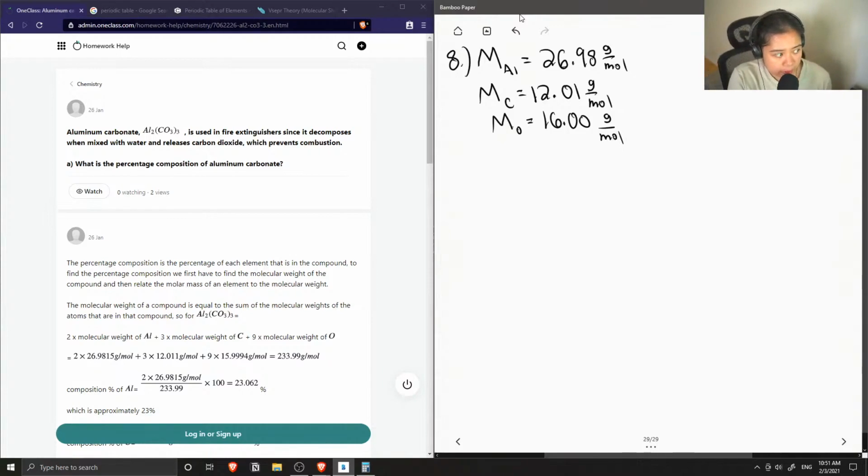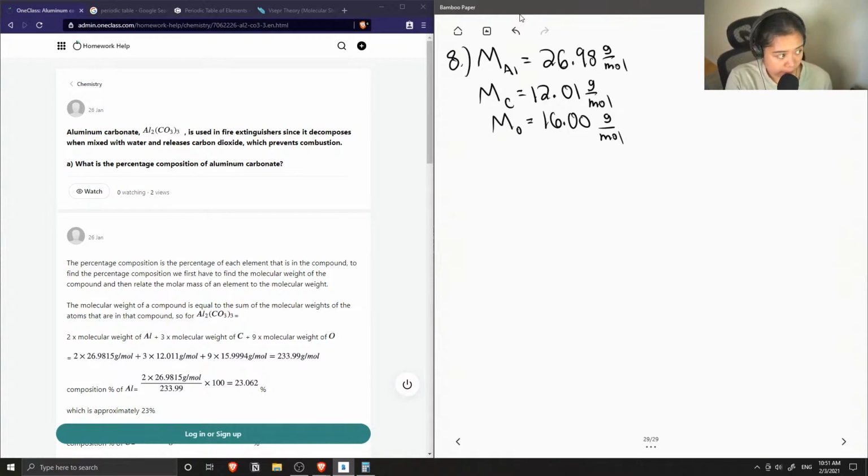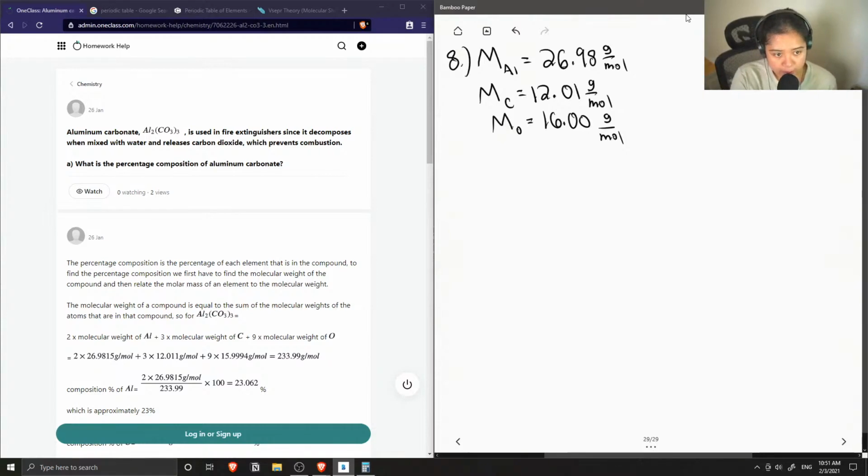And we also need the total molar mass of aluminum carbonate. So let's write that down on the right side here. When finding the molar mass of a compound, we need to take into account how many of each atom there is in the compound.